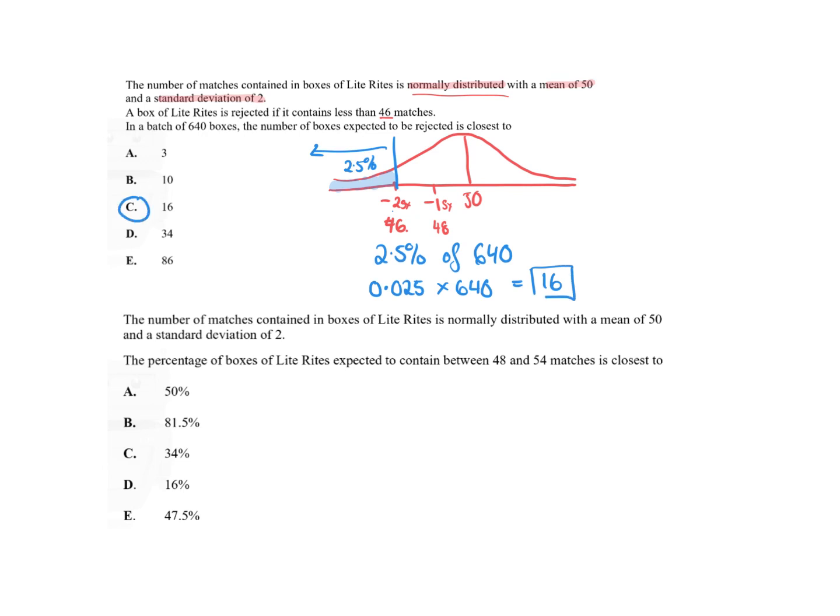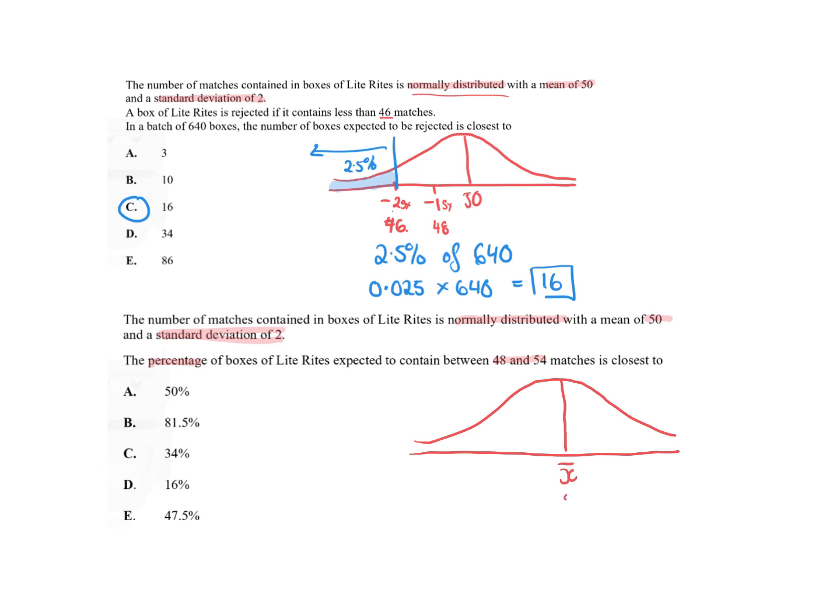Okay, and now it says the number of matches contained in boxes of Light-Rites are normally distributed. So this was a new question. Once again, they're telling me that the mean is still 50 and the standard deviation is still 2. And they want to know what percentage lie between 48 and 54. So when we do our bell, if we're writing them all out, 48 and 54 are going to appear when we add or subtract the standard deviation.